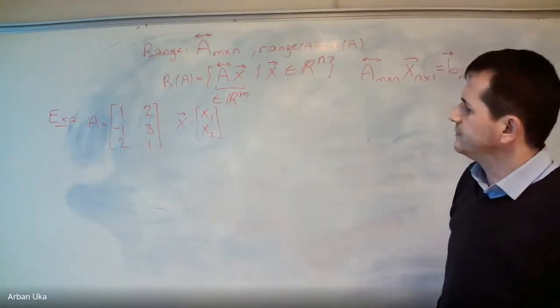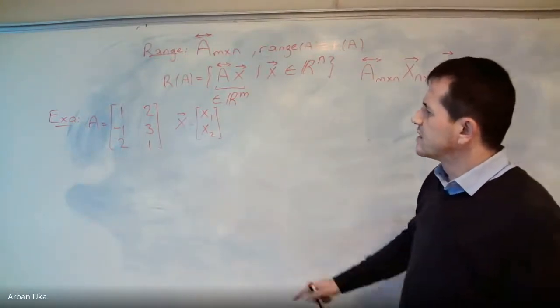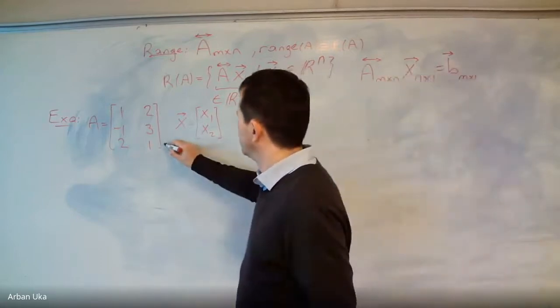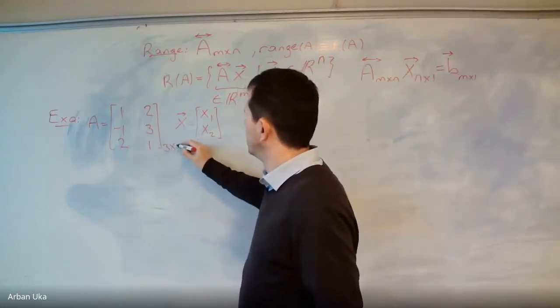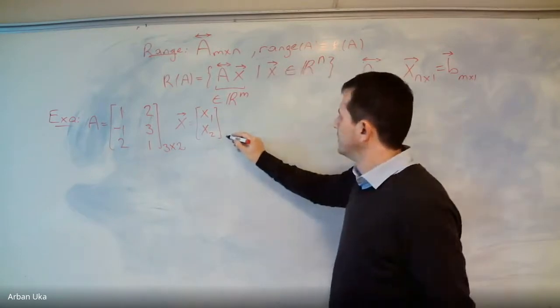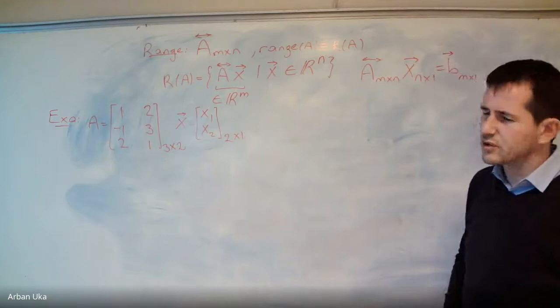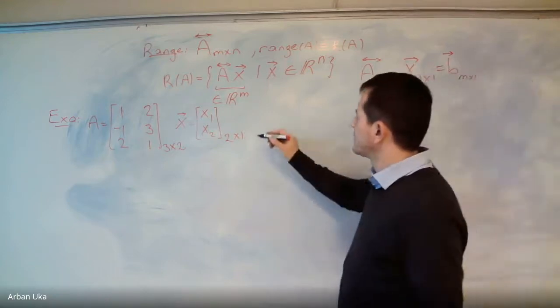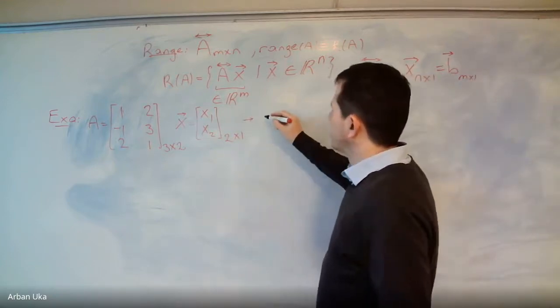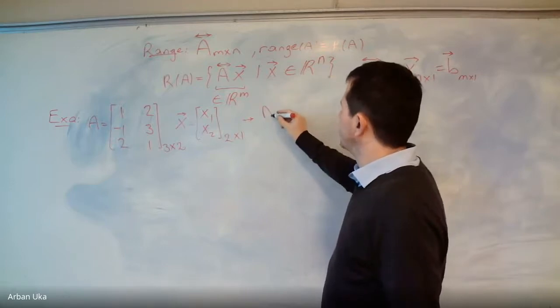So let's have a look. What is the dimension of A? Dimension of A is 3 by 2. The dimension of X is equal to 2 by 1. So then the answer vector, what is AX? What is the dimension of A times X?